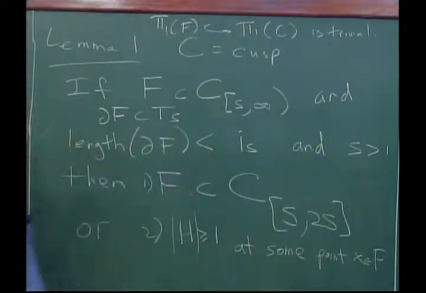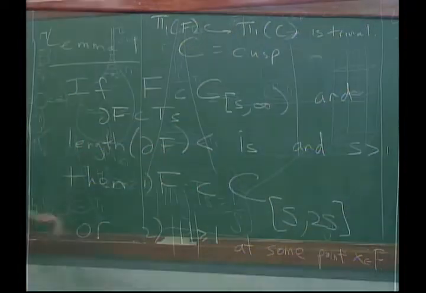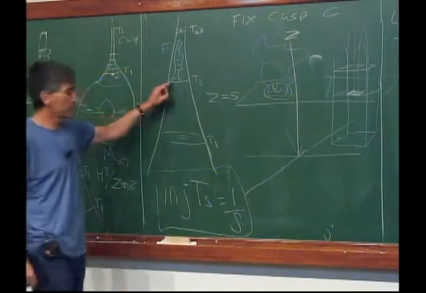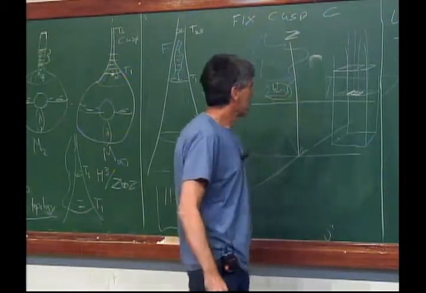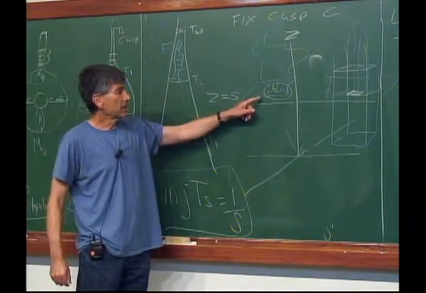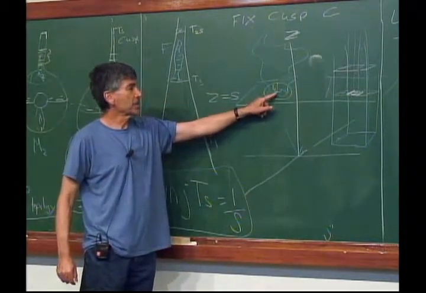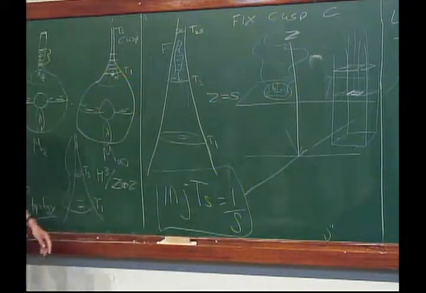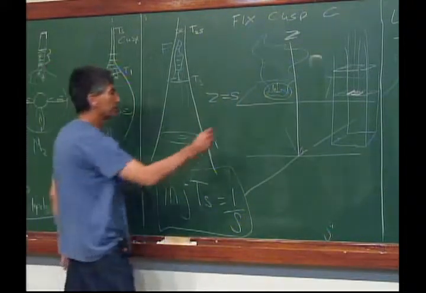I've stated it so that f is above s, but that doesn't really matter. You do need to have the boundary in T sub s. And the argument is that you can draw a disk of radius I sub s on this plane around the curve because it's short enough.